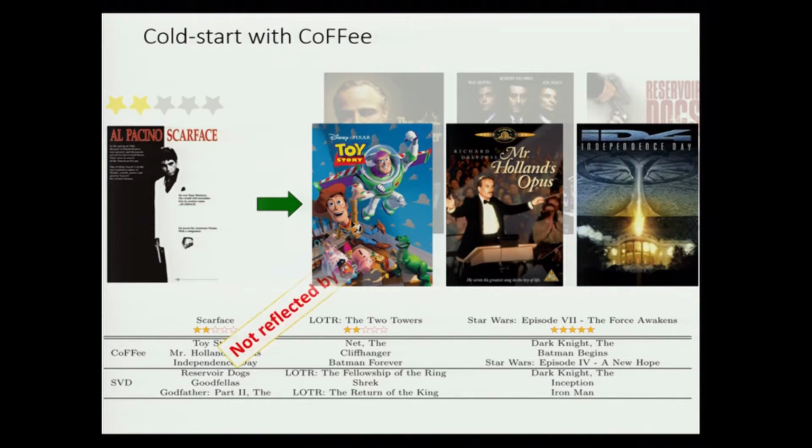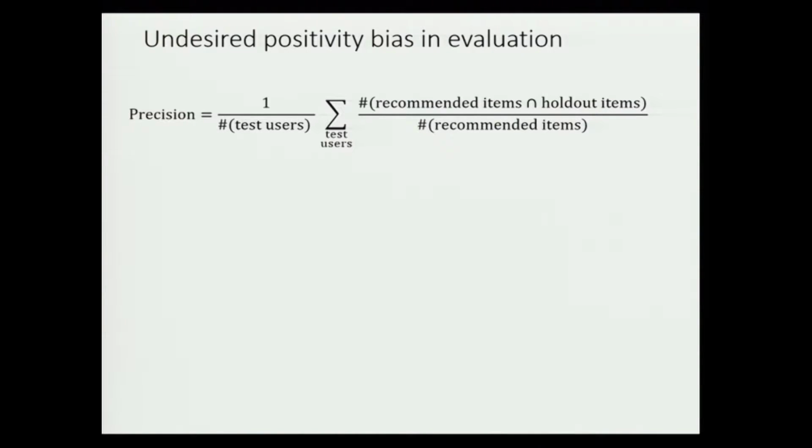However, when we started to do some more general evaluation, we realized that this improvement of the model is not reflected by any standard metric. And it's easy to see why. For example, for the case of precision, in its general definition, there is an implicit assumption that all the items that are recommended to the user are considered to be interesting.